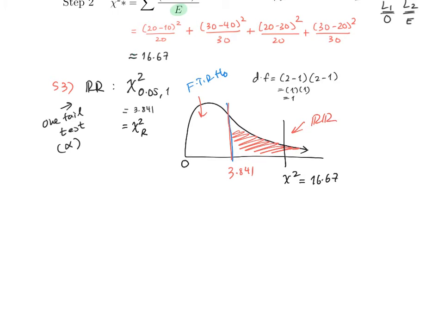So therefore the conclusion will be to reject H0, which means row and column variables are dependent.